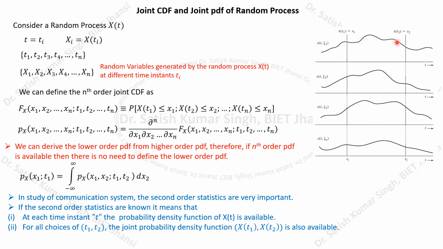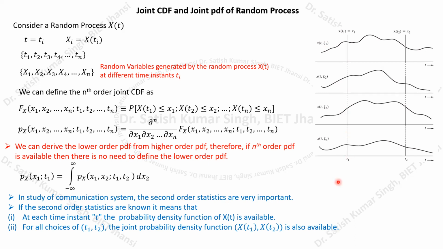In that case, it will be referred to as the discrete random process. In the case of a continuous random process, it can take any real number, like 1.25, 1.79, 2.33, and anything else. So if this time instant t can take any real number, it will be known as the continuous random process. Otherwise, if it is an integer value, it will be considered a discrete random process.